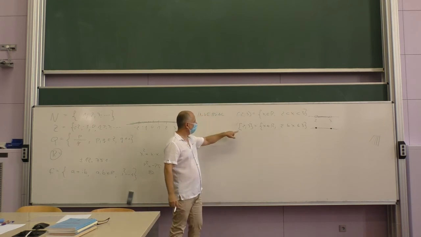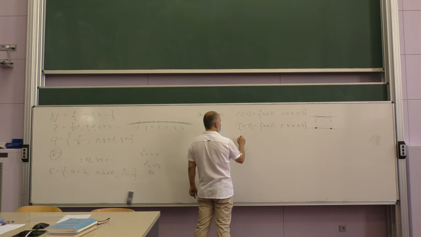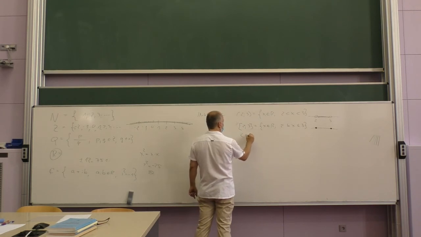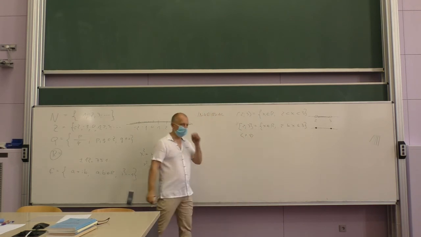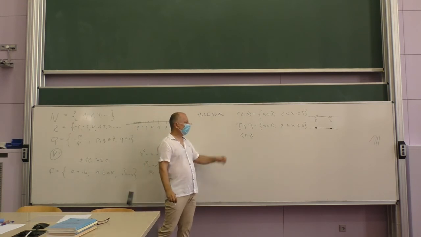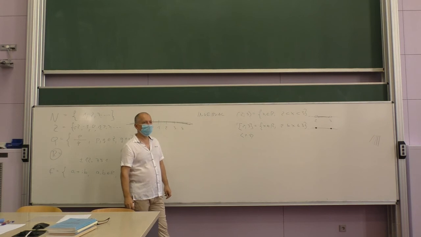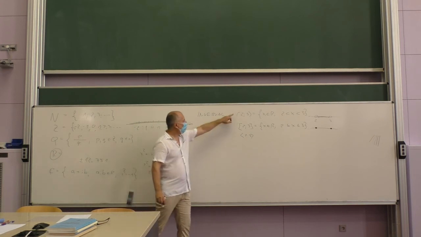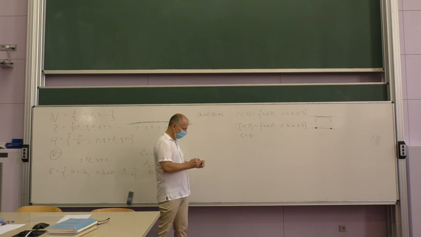In the Czech literature, instead of square brackets, they use angle brackets. There are just a few differences in the mathematical notation between the English and the Czech literature. But the open interval is the same, using the round brackets.